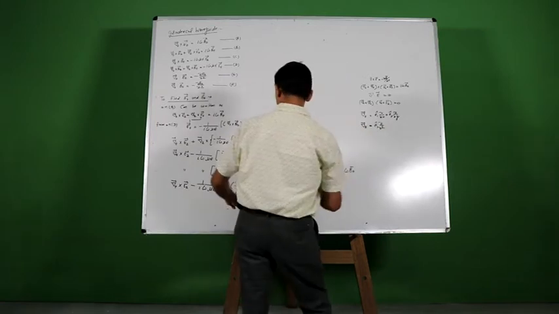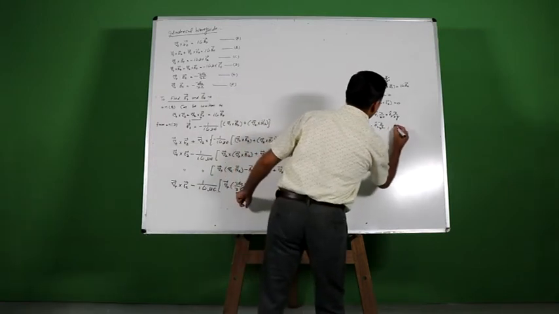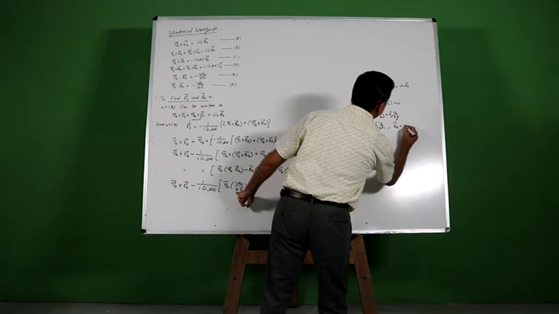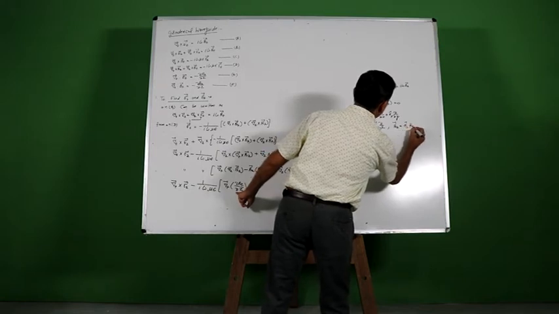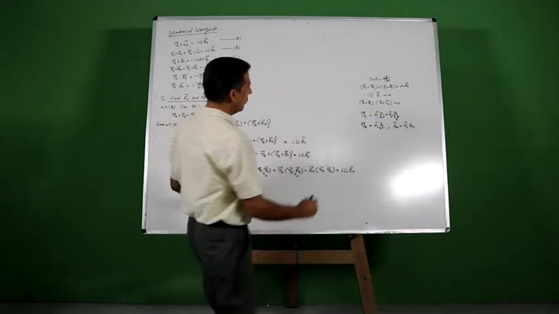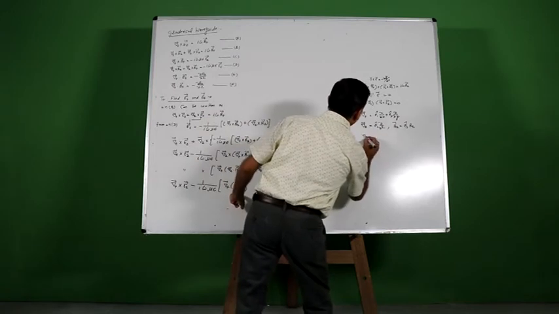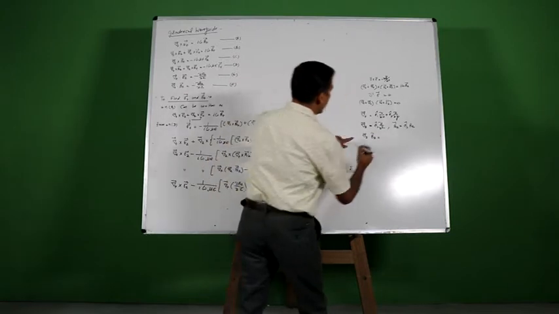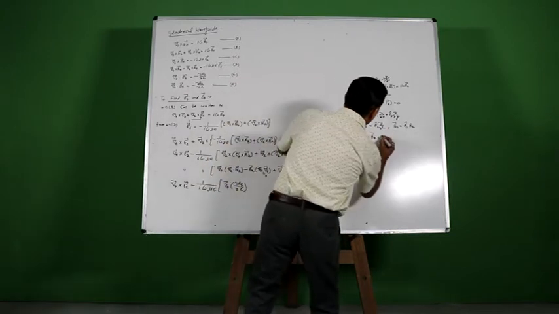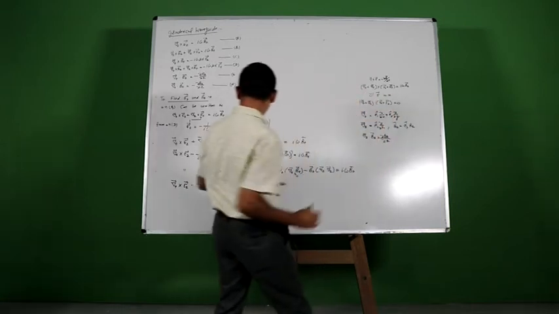Del z is this, bz can be written as E3 cap bz. So when you take the dot product del z dot bz, this is equal to E3 dot E3 is 1. So we are left only with this term ∂Bz/∂z.